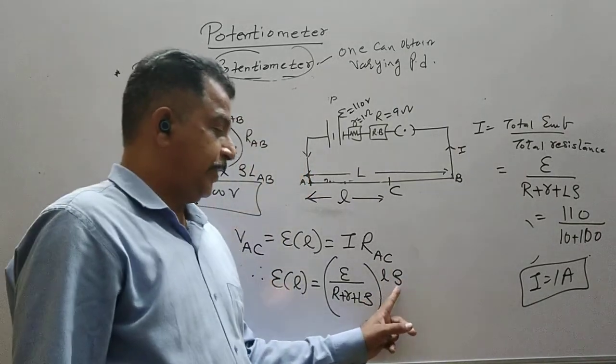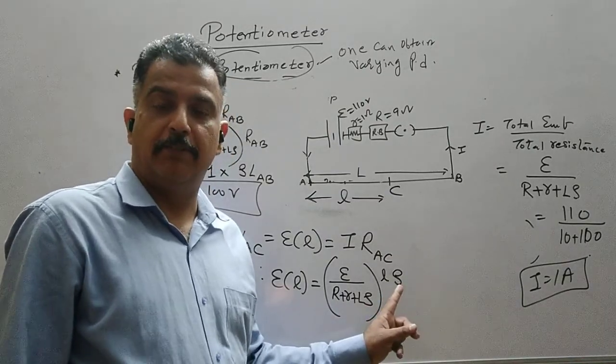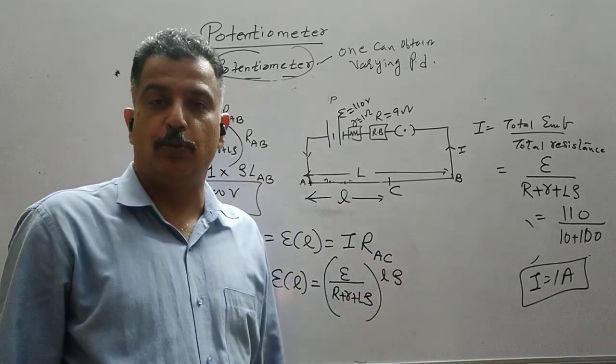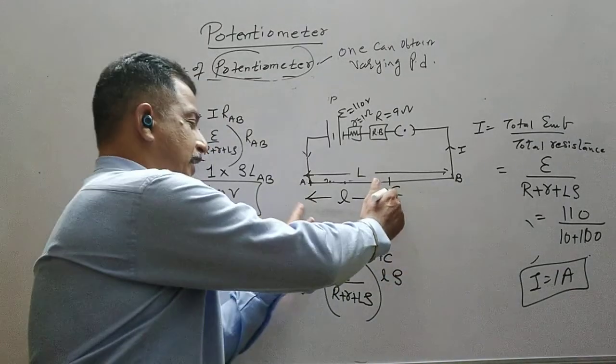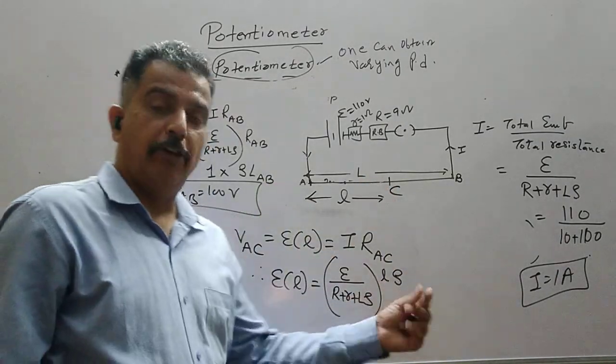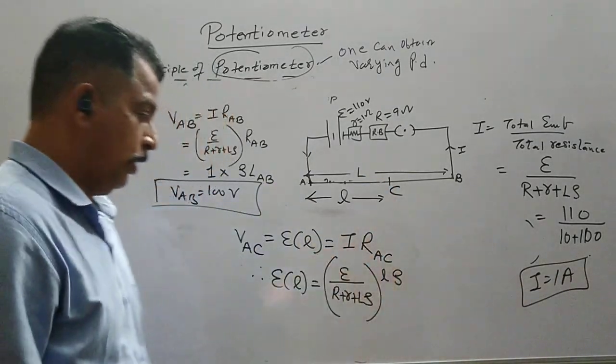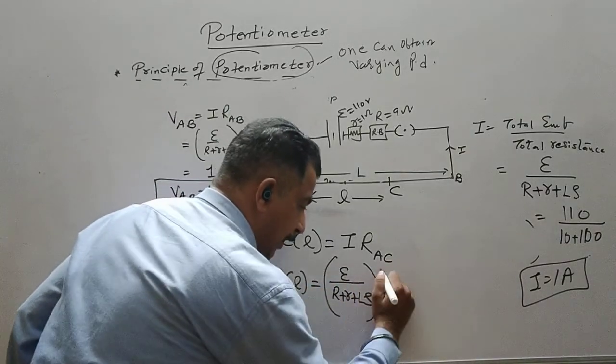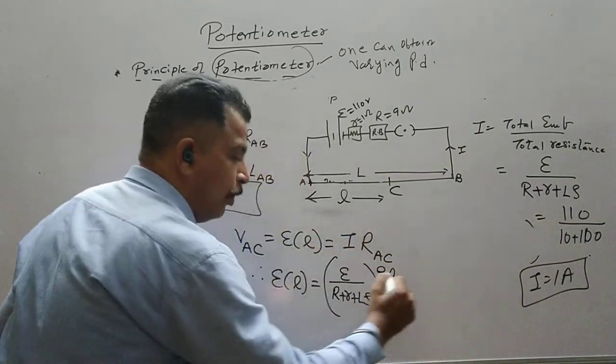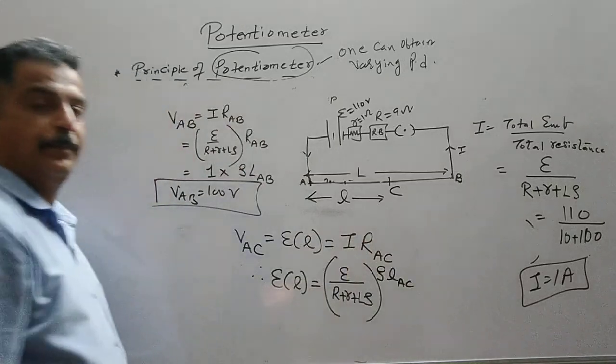Because what is rho? Here rho is not resistivity, it is resistance per unit length. So if it is a 20 meter wire and if we have 1 ohm per meter, it should be 20 ohm. So I will write here rho L, or the length of AC.